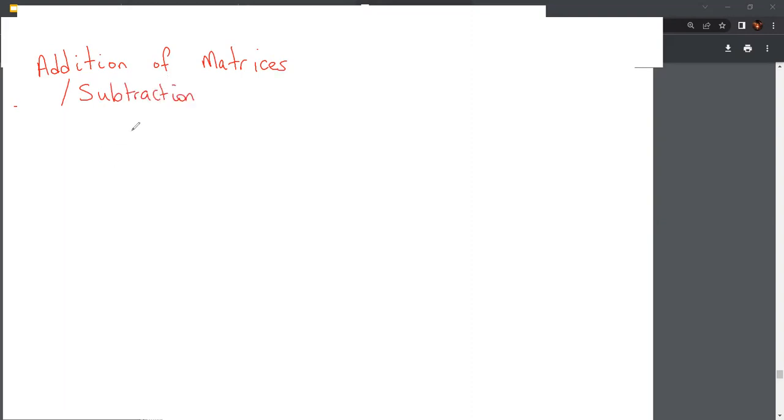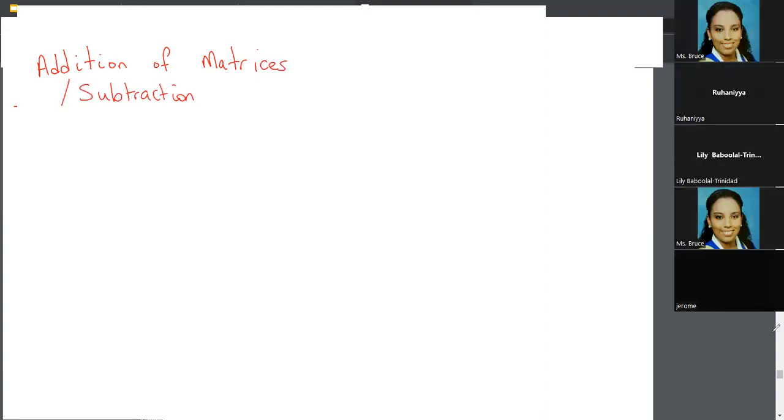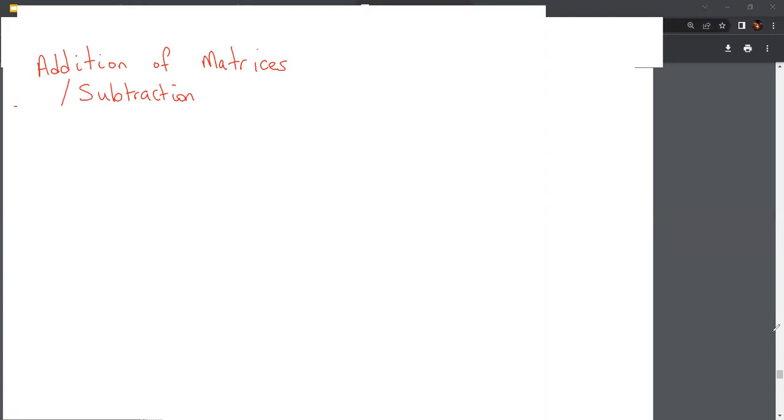Now, you can add or subtract matrices if they are of the same size. First things first, let's understand what they mean by the size of a matrix.